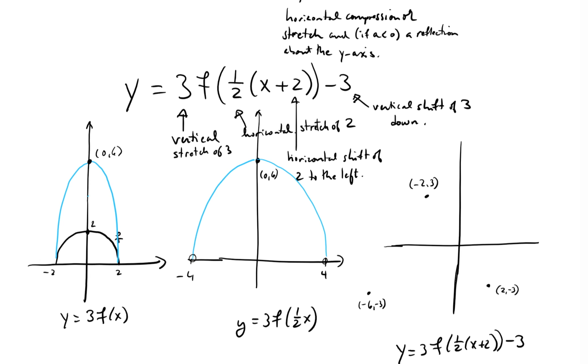Maybe I can identify what my y-intercept is going to be. My y-intercept is when x is 0. So if I plug in 0 there, if I do 3 times f of 1/2, replacing x by 0, you get 2 here, so it's 3f of 1 minus 3. It's not entirely clear from the graph of the initial function f what f of 1 is.